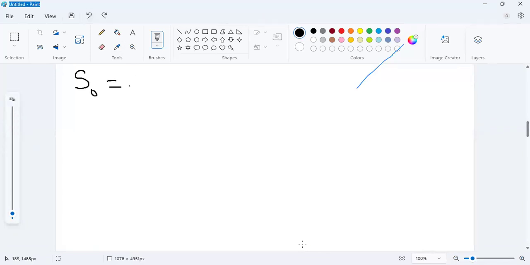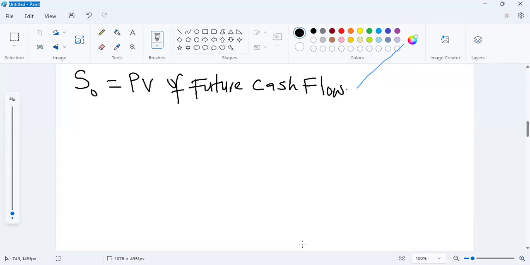We can write it: PV of future cash flow. If you look at the question, this is equal to 4,500.